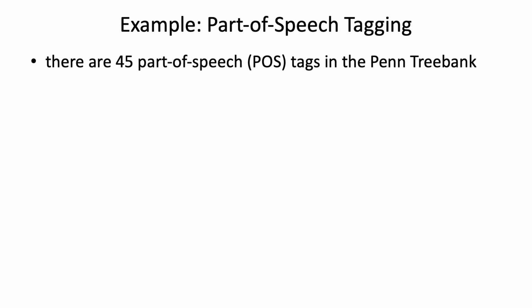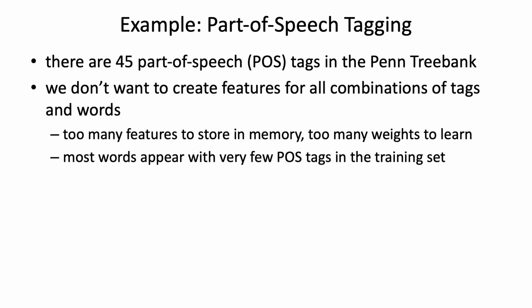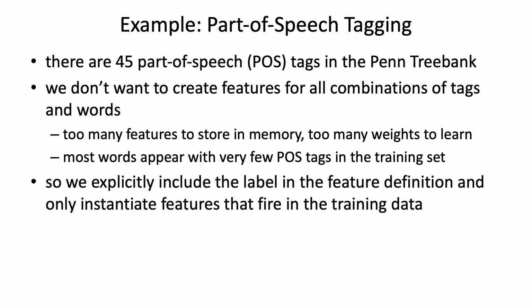For example, consider part-of-speech tagging. There are 45 part-of-speech tags in the Penn tree bank, and we don't want to create features for all possible combinations of tags and words. This would be roughly 45 times the number of words in the vocabulary, and most words appear with just a couple of different part-of-speech tags in the data. So we tend to explicitly include the label in the feature definition, and only instantiate features that fire in the training data, possibly with a count cutoff.